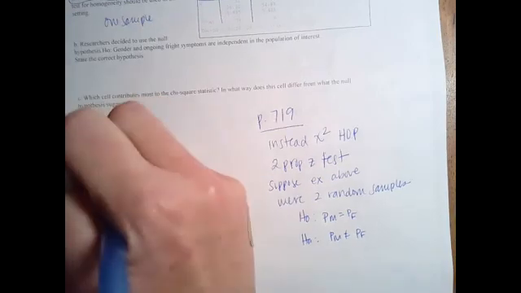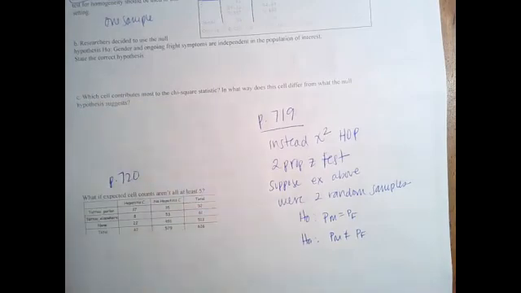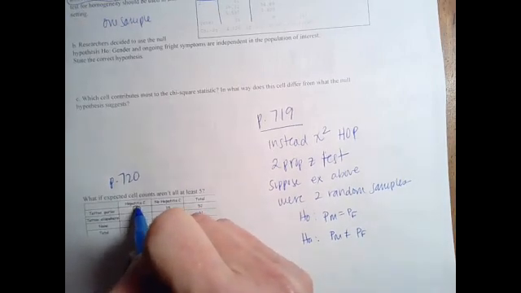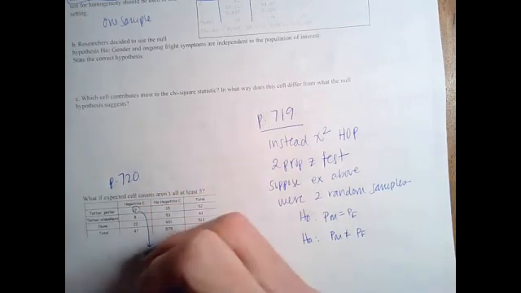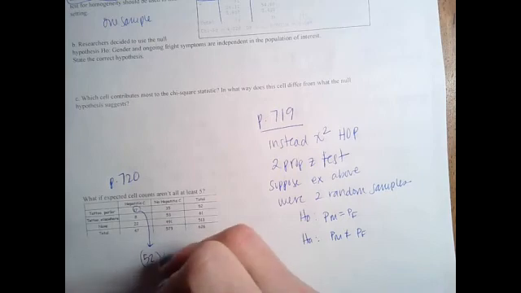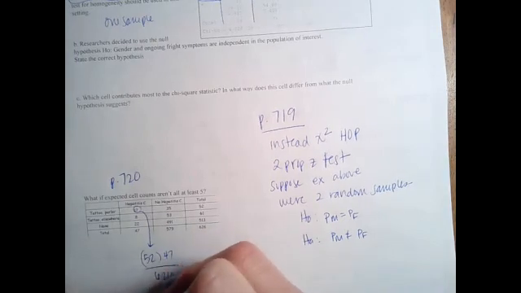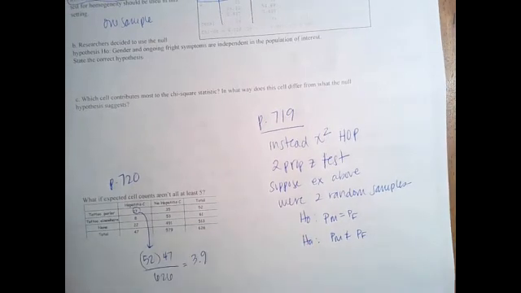The last thing is on page 720. What if the expected cell counts aren't all at least 8? So in this problem here, this first cell gives an expected value. This is 52 times 47 over 626, an expected value of 3.9.